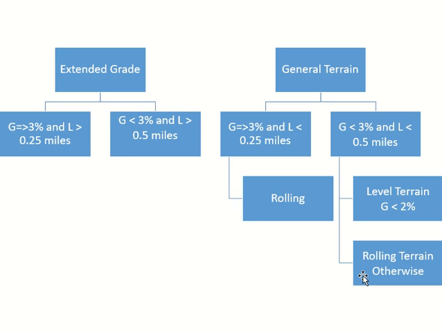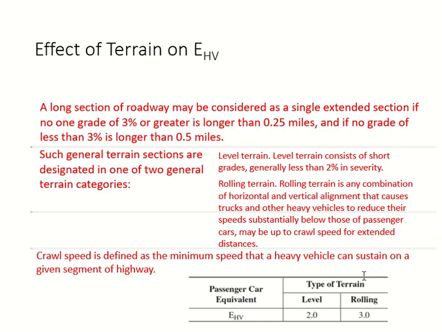Any questions? Now, if you are on the right hand side of the figure, you have only two possibilities, either rolling or level. So we have this small table here, which gives us the value of the equivalency factor for level and rolling. If you establish it is level or rolling, you come to this table and take the value. Clear?